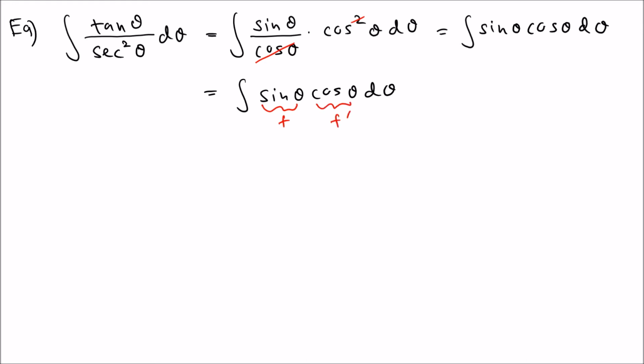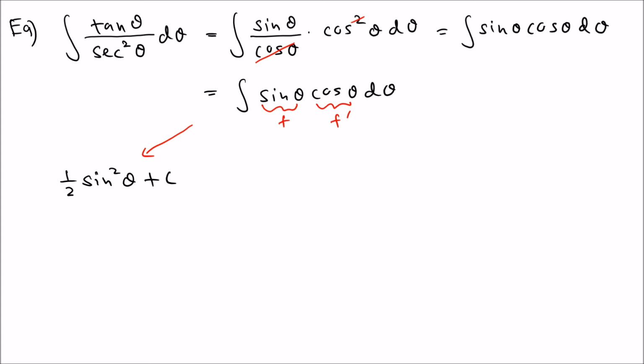If you use the general power rule like that, the function is sine, and cosine is the derivative. So it's simply going to be 1/2 sine squared theta plus c.